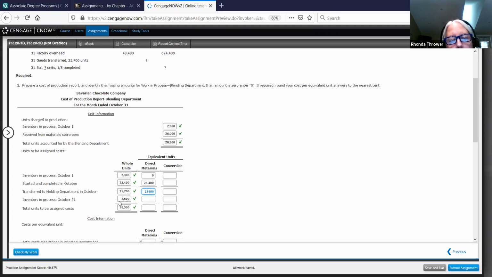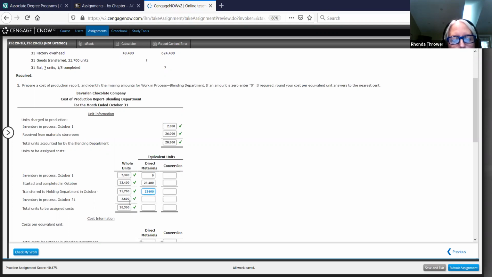So we have left over 2,600 units in ending inventory. In other words, our total units that we had to account for to be assigned cost minus what we transferred out left us with ending inventory units.